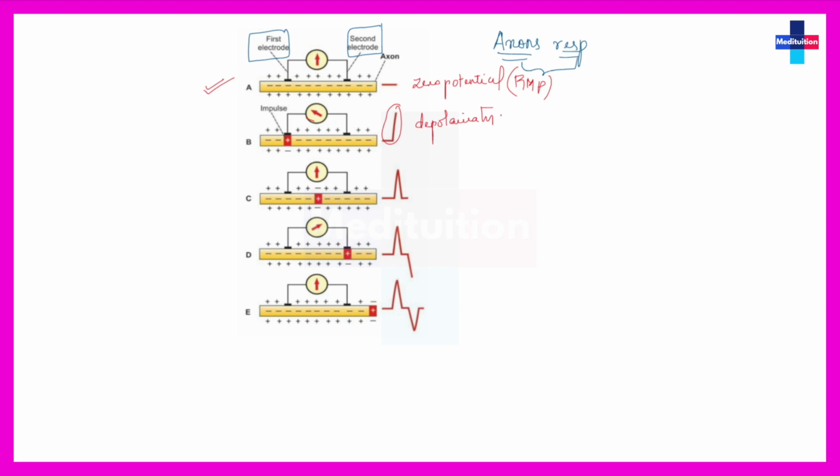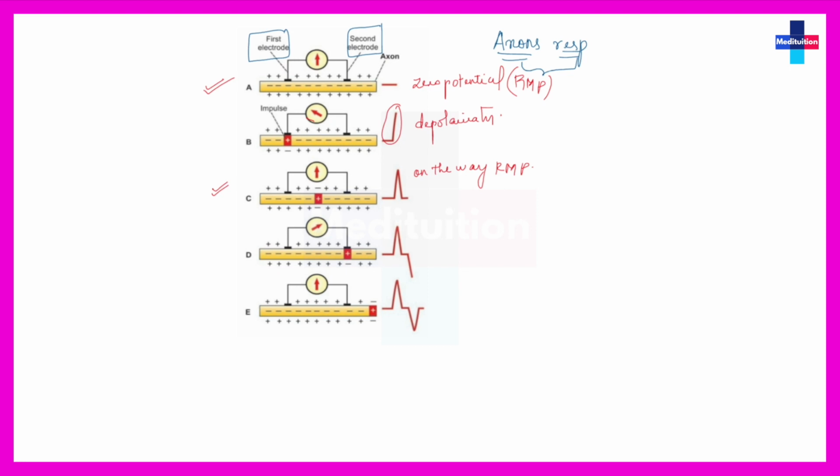Next, this picture shows again there is no deflection, which means they are on the way reverting back to their resting membrane potential. See, actually what happens, if a person comes and pinches you or pours hot water on you, you will react for that, and then again you will come to your normal position. You will not be in an excited state, right?